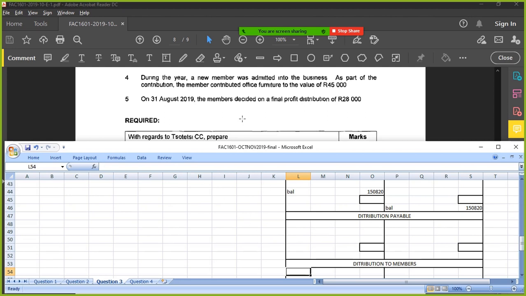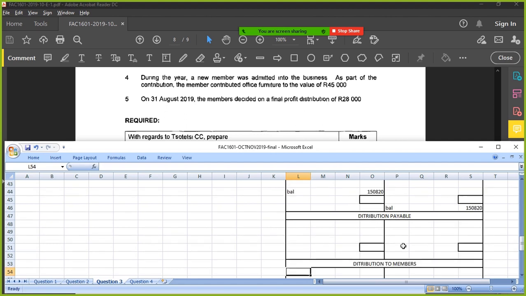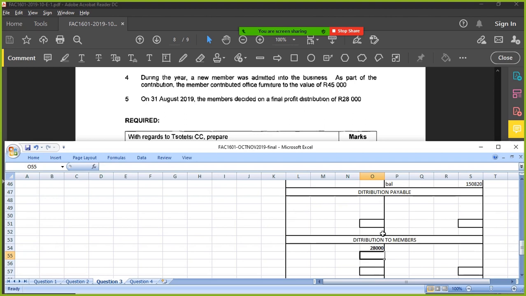On the 31st of August, the members decided on a final profit distribution of 28. So 28 is going to be given to the members. Distribution to members: how much? 28. Okay, 28,000 is distributed.